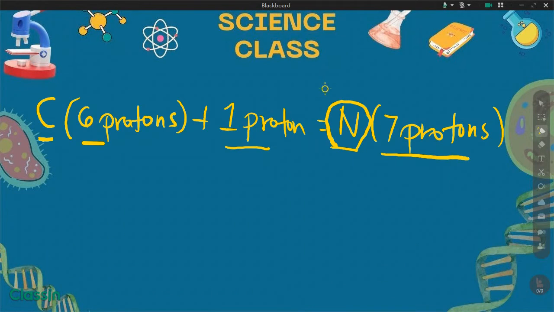So if you look here, if protons are added, you're going to be changing the element. Okay, the element is being changed, and if we add an extra neutron to a nucleus, right?